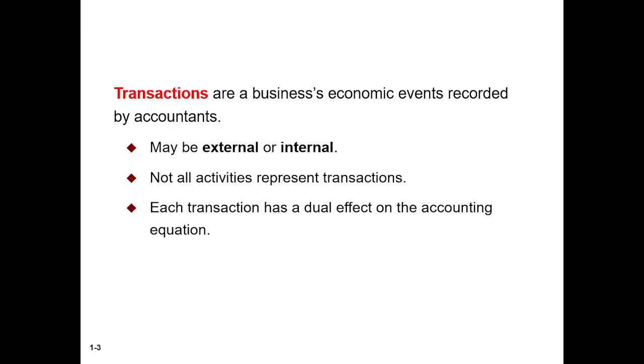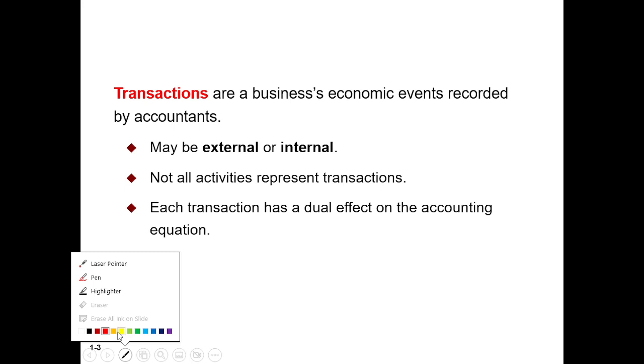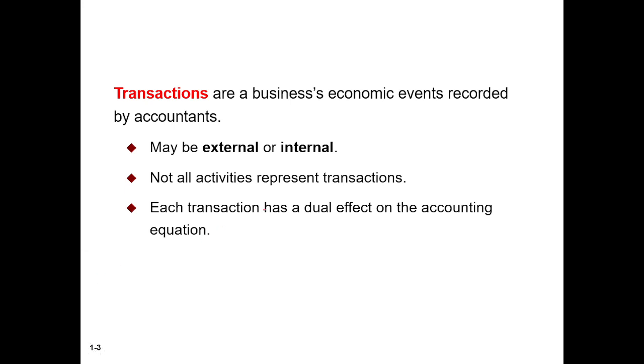But not all activities represent transactions. Not any activity performed by the business can we call a transaction that must be recorded by its accountant. A transaction must have an effect on the accounting equation.